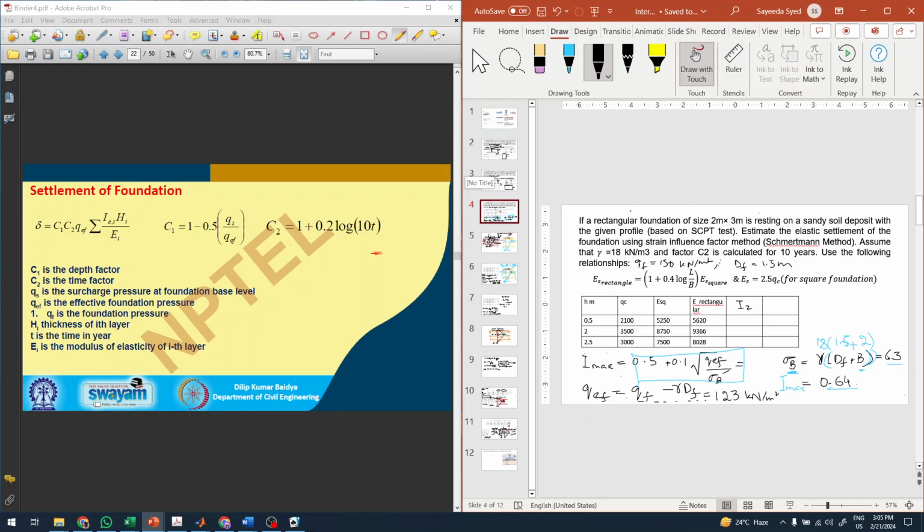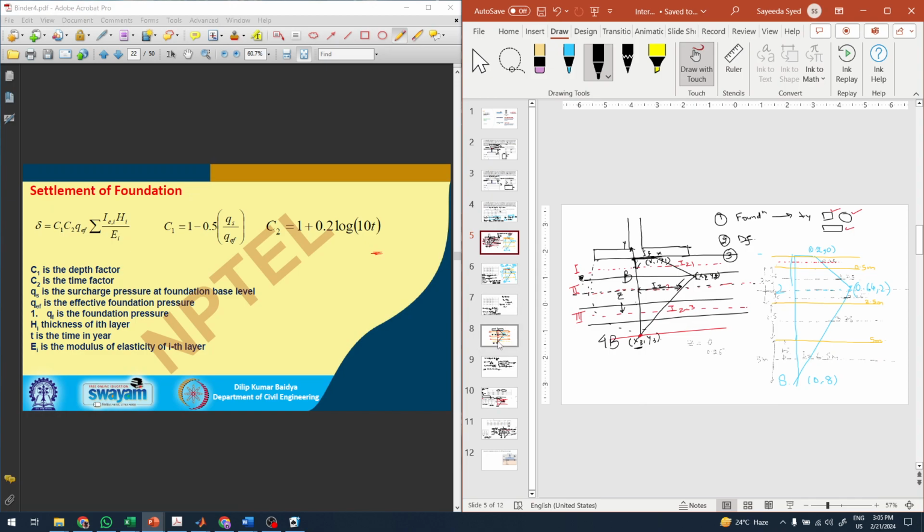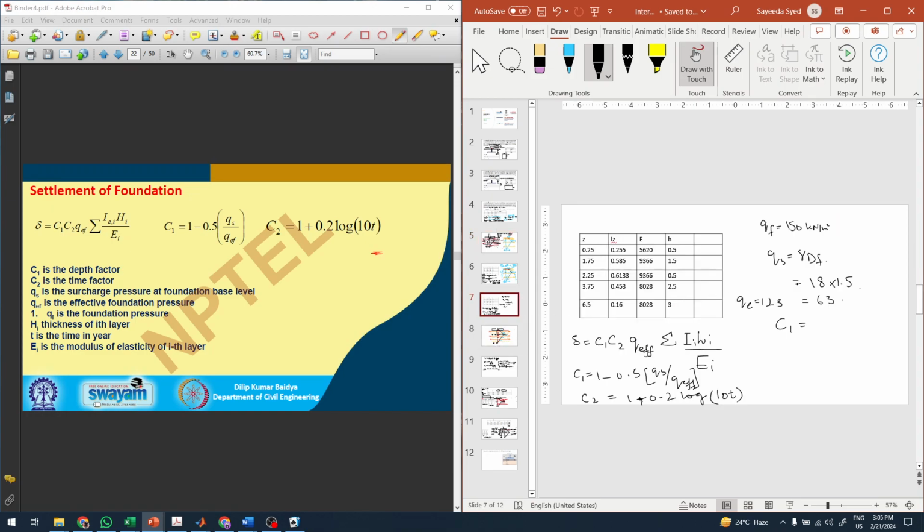The 63 was gamma into Df plus B, it's not gamma Df. Just thinking what's happening.